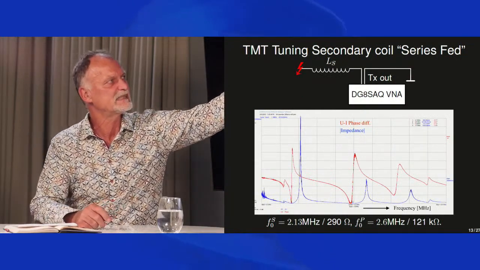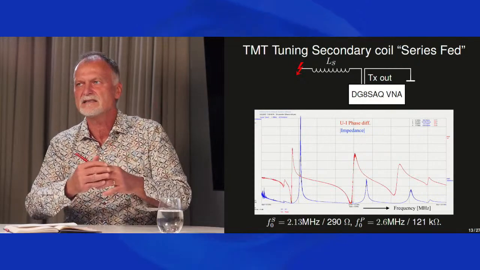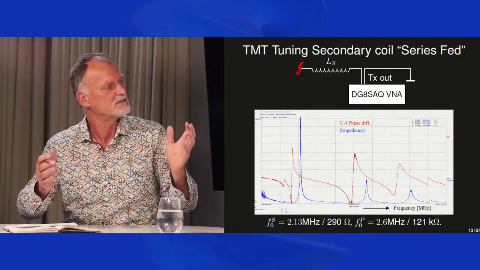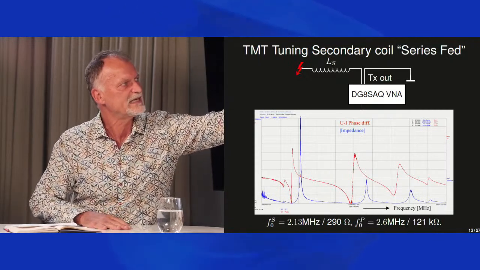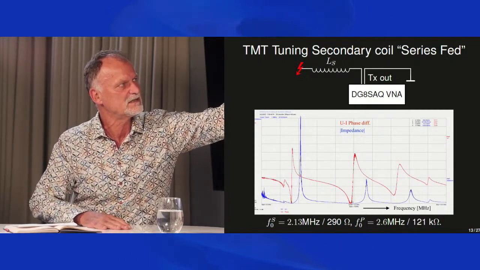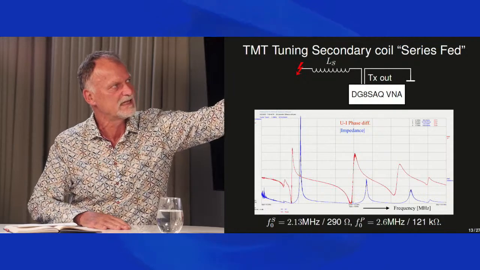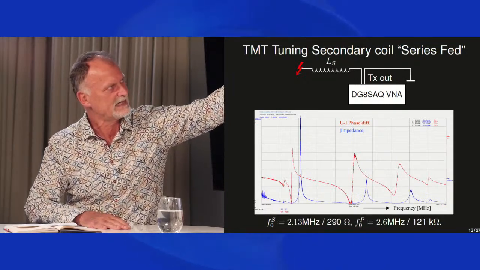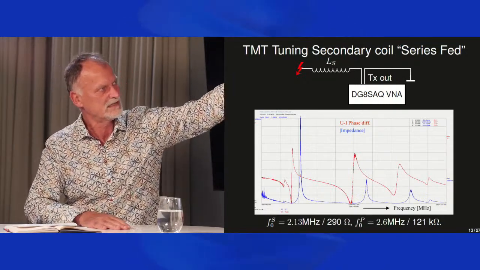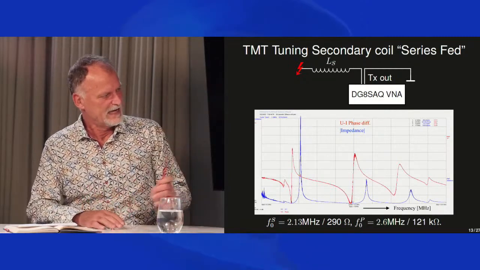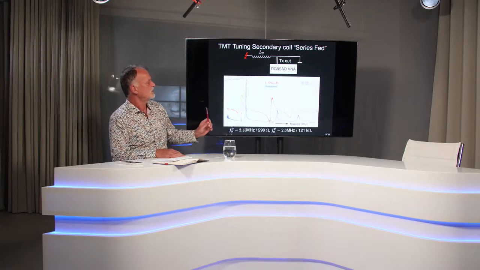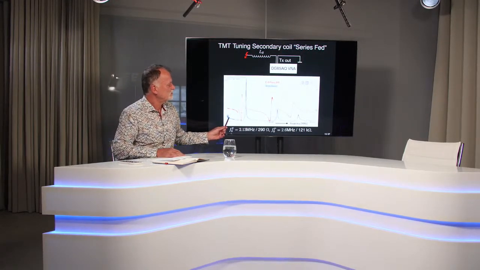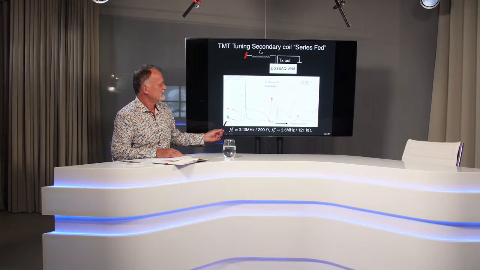We take the secondary coil, isolated from the rest of the system, and we hook it up to this vector network analyzer, using the TX output, right? One leg of the output goes to the coil, and the second one is grounded. And this is what you typically see. So what is plotted here is the graph.